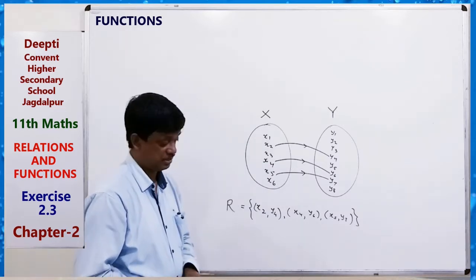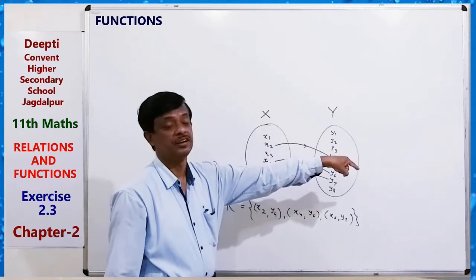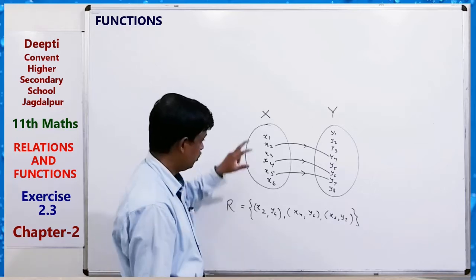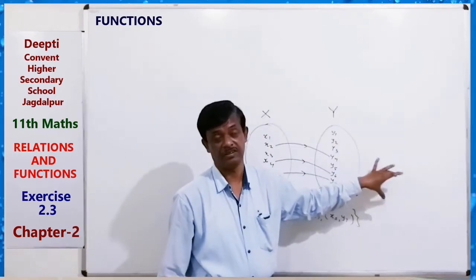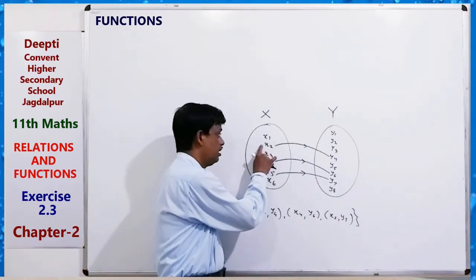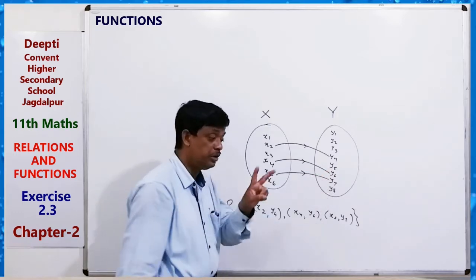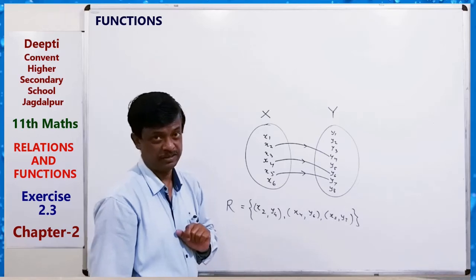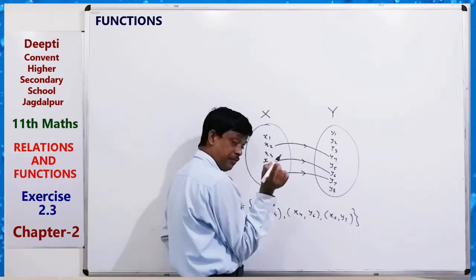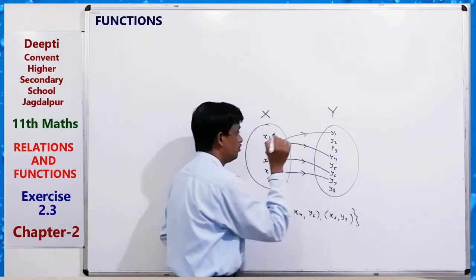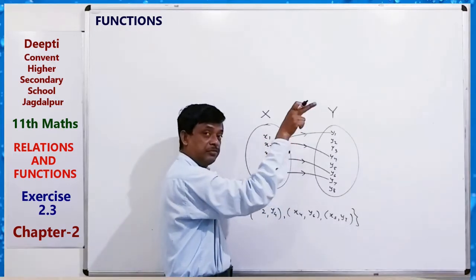are not connected, but if we have a relation where all these elements are connected to some element in Y, and also note, one element should not be connected to two different elements in Y. That means if x is connected to y4 and x is also connected to y1, then it should not be permitted for a function.